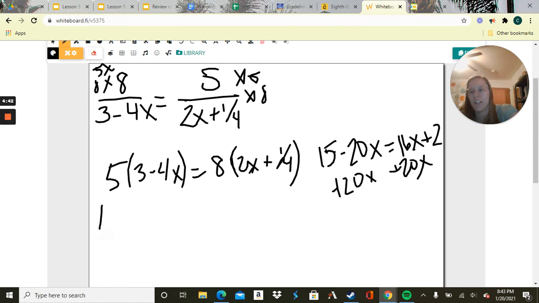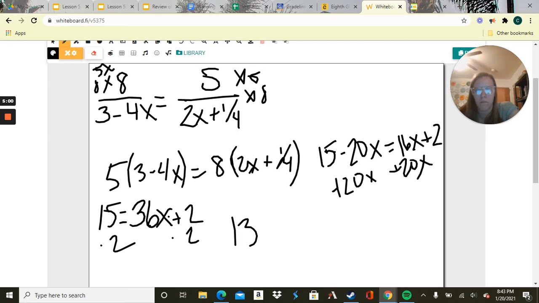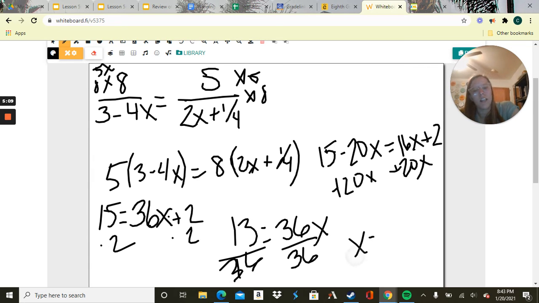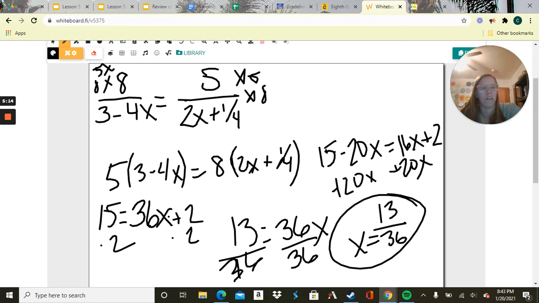So then we have 15 equals 36x plus 2. We're going to subtract the 2. So 13 equals 36x. Divide by 36, divide by 36. So x equals 13 over 36, and we cannot simplify that one.